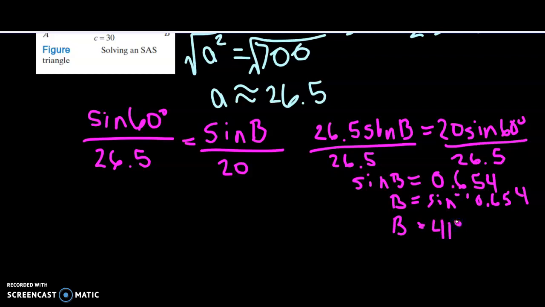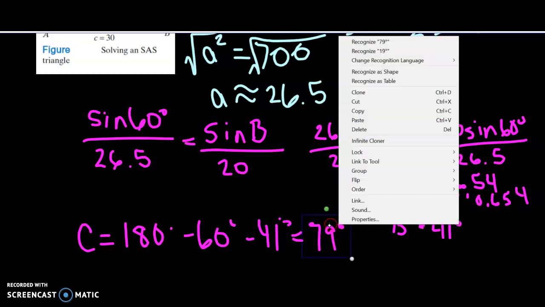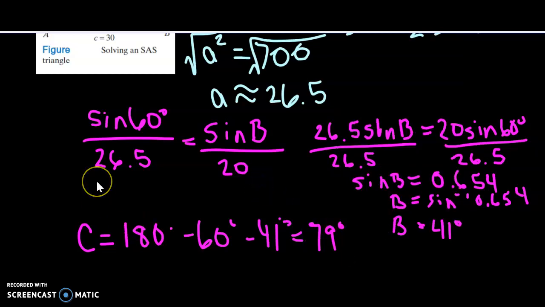So we know that A is 60, B is 41, and the last one we're missing is angle C. The sum of the angles in a triangle is 180, so 180 minus 60 minus 41 gives 79 degrees. And that's it. We implement the law of cosines and then use the law of sines to get the other measurements we're missing from our triangle. Go ahead and try your homework. If you have any questions, feel free to email. Take care.